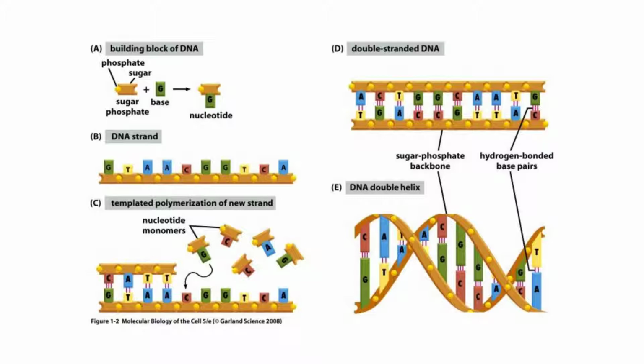The illustration talks for itself, so I almost don't need to say much if you just look at the images. You have the sugar phosphate backbone and the hydrogen bonded base pairs that enter the double helix conformation. We're going to cover that in the next slide. But any questions before we go to the next slide?